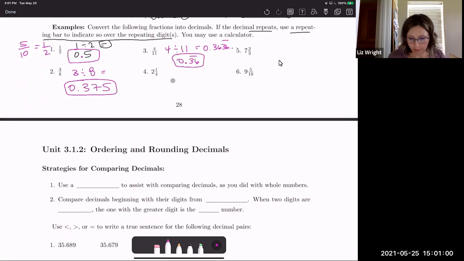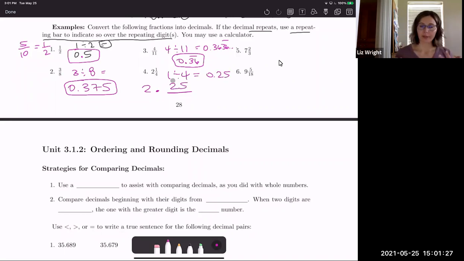The next one is we've got 2 1/4. So here you can do 2 point, and then we're figuring out what this next part is. Because it's 2 and something, and then do the 1 divided by the 4. And you might already know what that is, and that's going to be 0.25 because it's 25%, right? So it's 2.25.